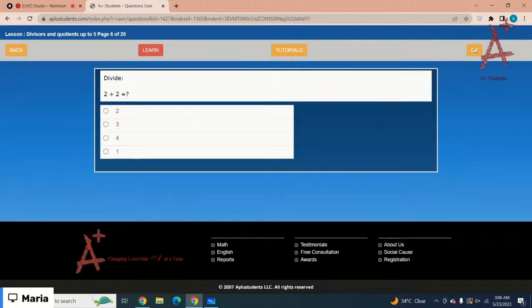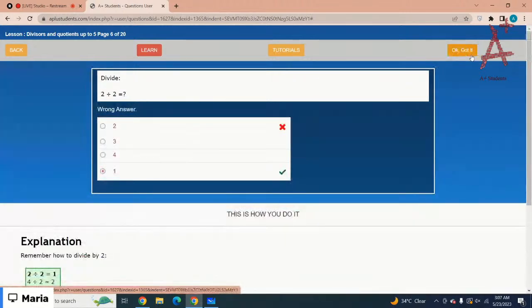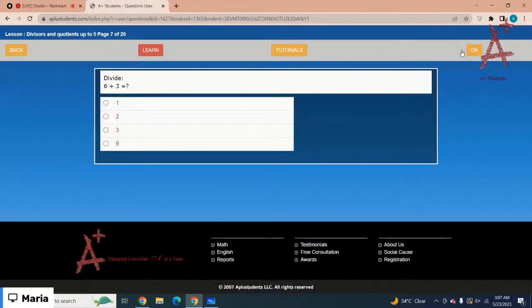The next one is 2 divided by 2. Which is the correct option? Yes, very good. 2 times 1 is 2. The correct option is 1. Okay, the next one is 6 divided by 3.